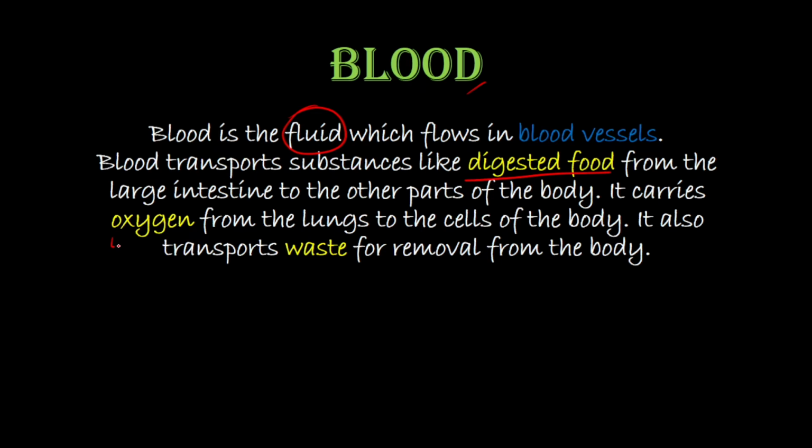Then the oxygen which we inhale also goes to each and every cell for the process of respiration through the blood. Then again, the waste products are also eliminated from the body because of the function of blood.